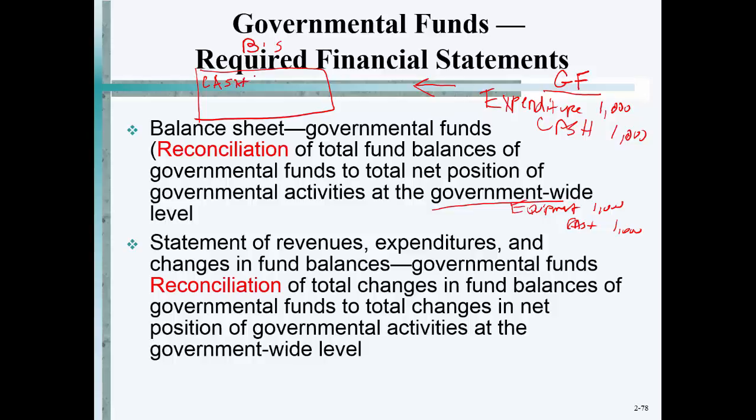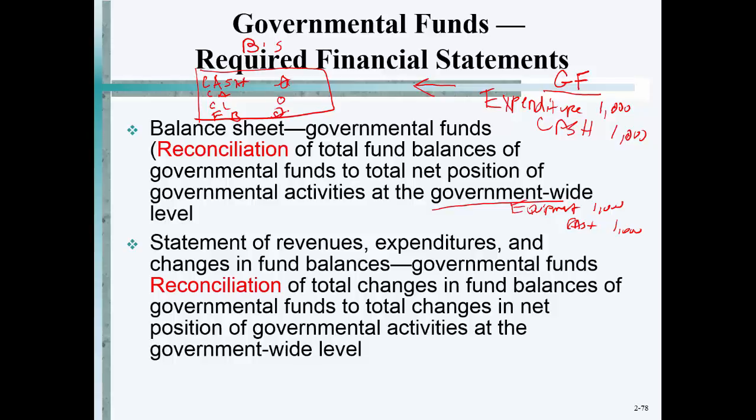I had $1,000 cash. I spent it all on equipment. How much cash do I have? Zero. I'm telling you that I have no other current assets, and my current liabilities are zero. So how much is my fund balance? Not a trick question. My fund balance is zero, isn't it?